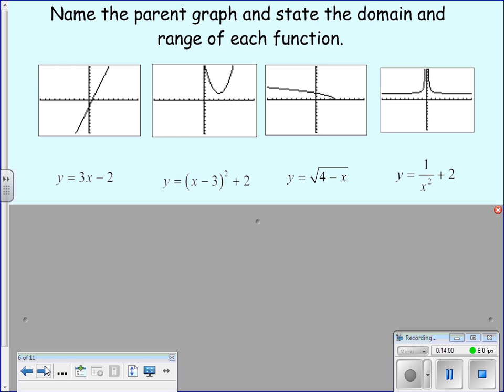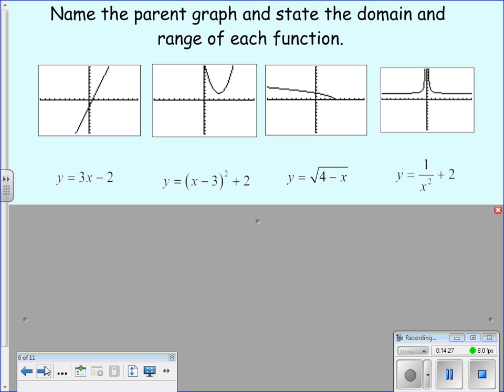Okay. So here's what I want you to do next. For each of these graphs and the corresponding equation that goes with it, I want you to name the parent function. The parent function, in case you forgot, is the simplest version of that type of equation. So what is the simplest equation for a straight line?